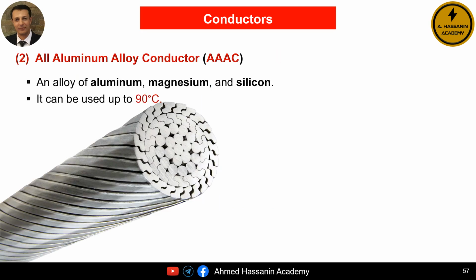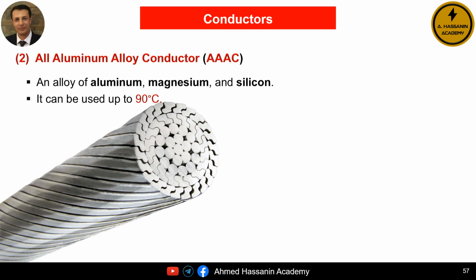The second type of conductor used in overhead transmission lines is the all-aluminum alloy conductor, AAAC. This type consists of an alloy made from aluminum, magnesium, and silicon. One of the main advantages of all aluminum alloy conductor, AAAC, is that it has a lower electrical resistance compared to aluminum conductor steel reinforced, ACSR.